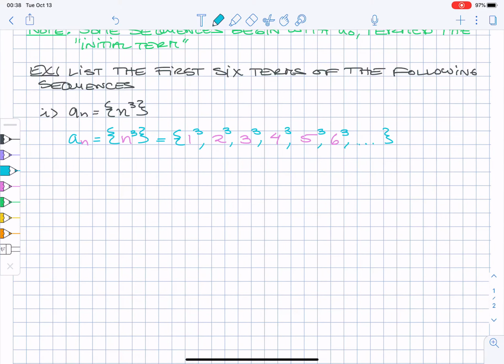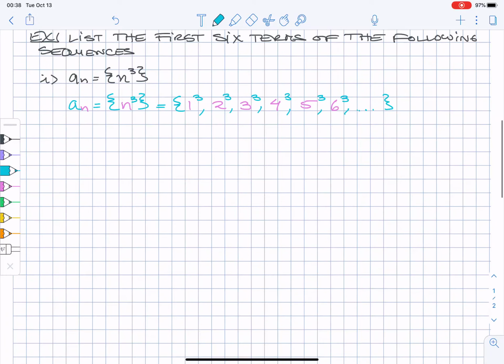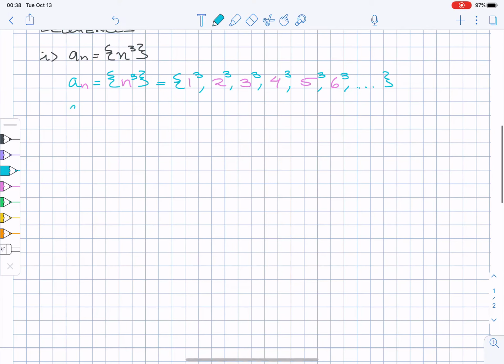Okay, so if we cared to, we could expand this out. So I claim that the first terms are: A1 was 1, right? A sub 2 turns out to be 2 cubed, which is 8. A sub 3, 3 cubed is 27.